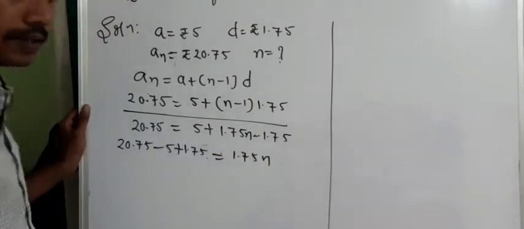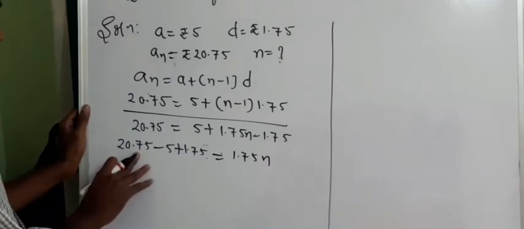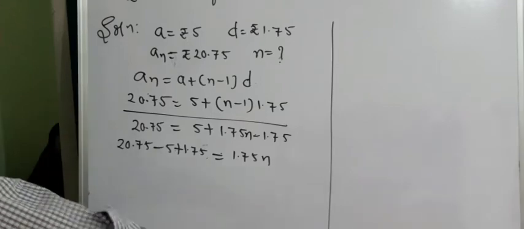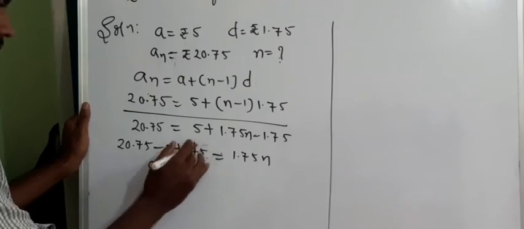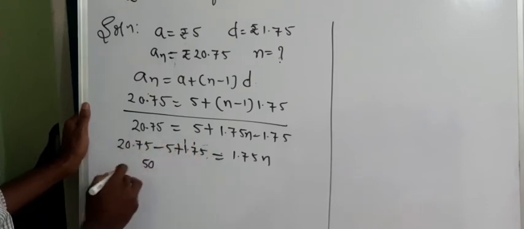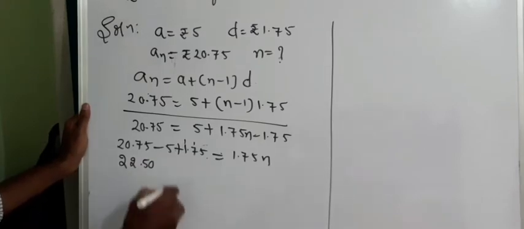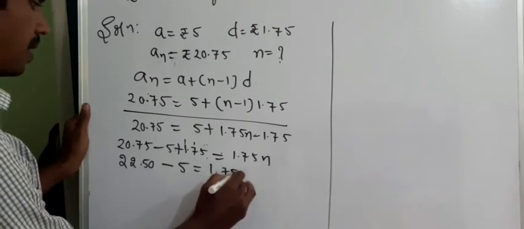Any confusion in this? No. Now 20.75 plus 1.75, I need to add. 5 plus 5, 10, carry 1, 8 plus 7, 15, carry 1, 1 plus 1, 2, 2 plus 0 is 2. So 22.50 minus 5 is equal to 1.75 n.